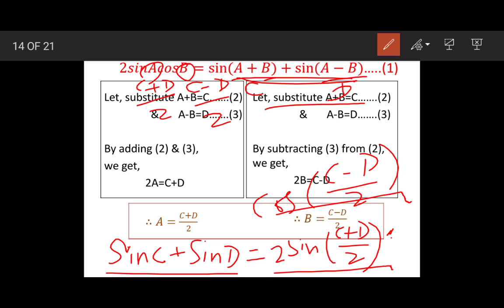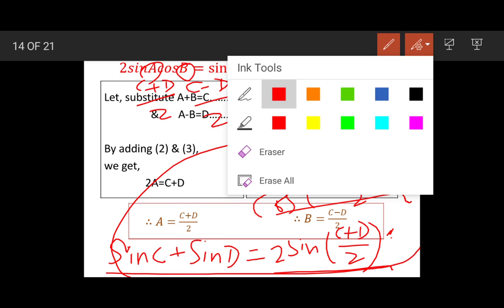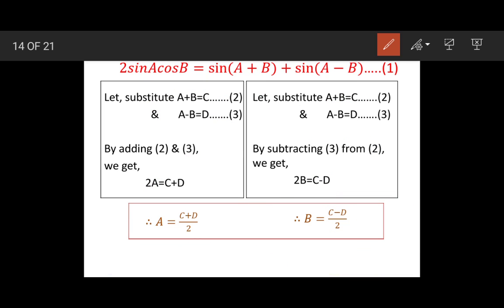Taking this right hand side first, I am getting sin c plus sin d equal to 2 sin (c plus d) upon 2 into cos (c minus d) upon 2. This is the first factorization formula. Once again, substitute a plus b as c and a minus b as d.